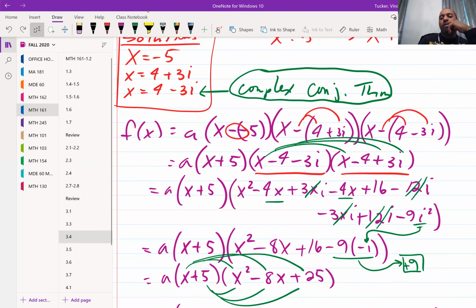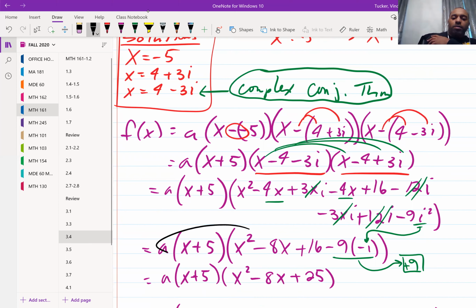And also i squared will turn to -1. Negative 4x and negative 4x give you negative 8x. So you combine all your like terms as well. So that leaves us with this expression.